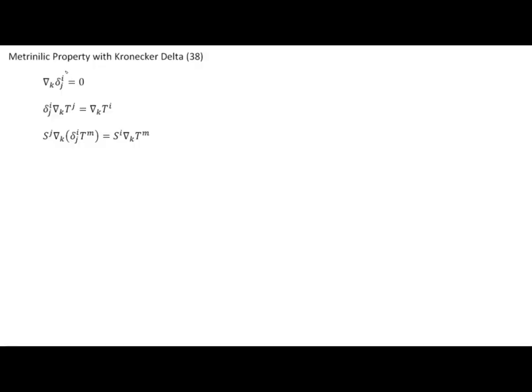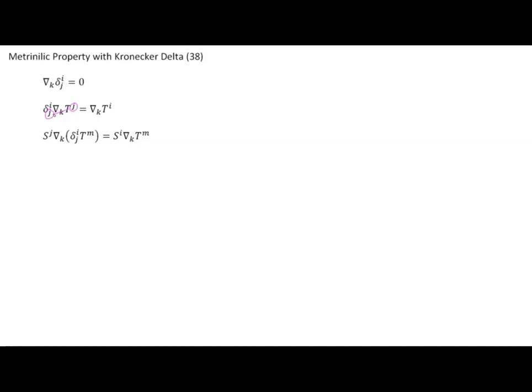First thing we did was to determine that the covariant derivative of the Kronecker delta is equal to 0. And what that means is that the covariant derivative kills the Kronecker delta, meaning that it can move inside and outside the covariant derivative operation just as if it were a constant. That in turn means that the function of absorbing an index like j here works even though the Kronecker delta is on the other side of our covariant derivative operation.